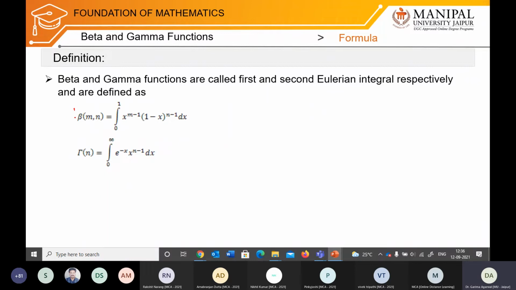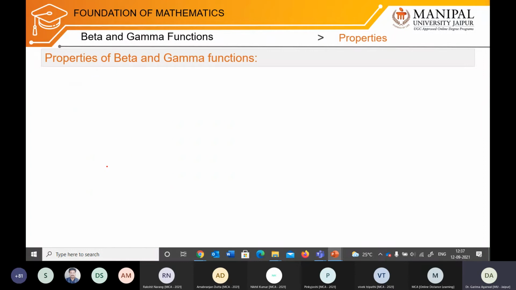First of all, this is the notation for beta function, beta m n, and the value is integration 0 to 1 x raised to m minus 1, 1 minus x raised to n minus 1 dx. Right, this is beta function, and this notation is known as gamma. So gamma n is 0 to infinity e raised to minus x, x raised to n minus 1 dx. So these are the formulas for beta and gamma functions.